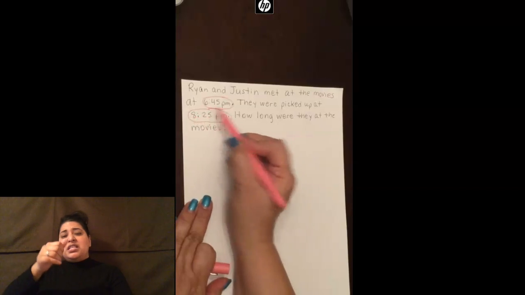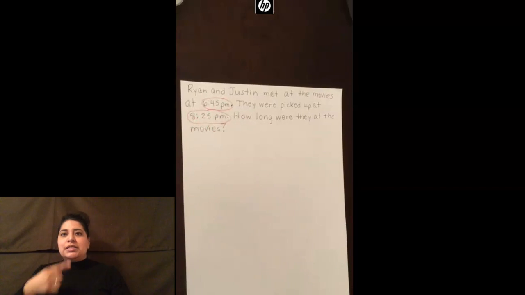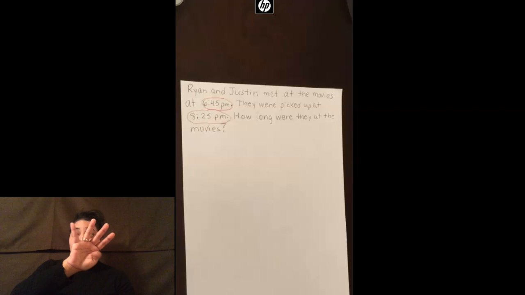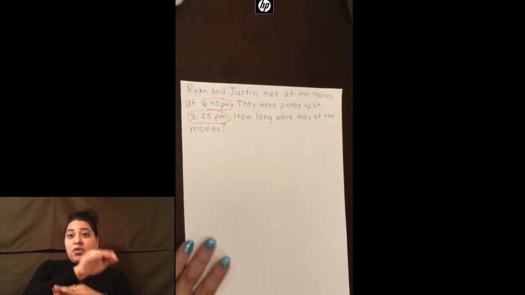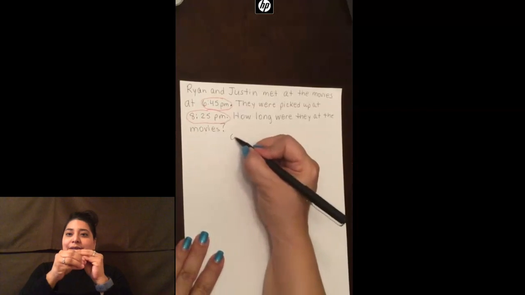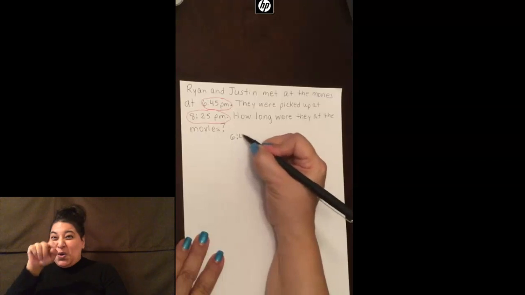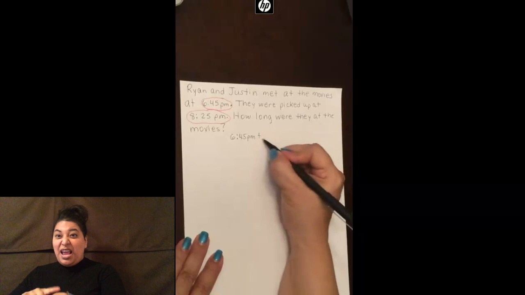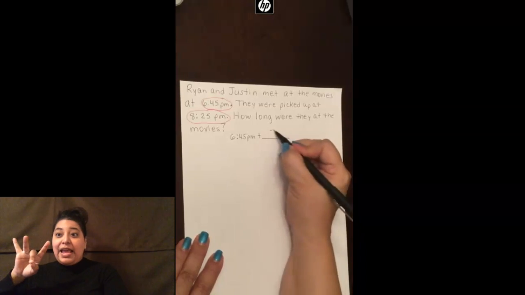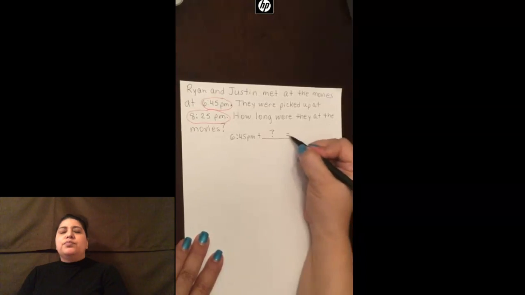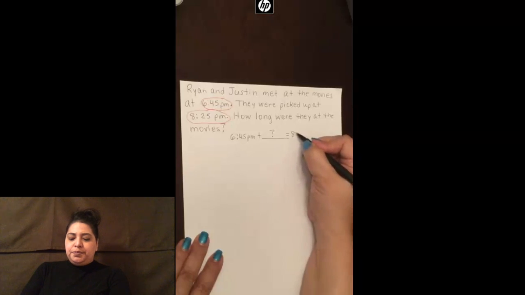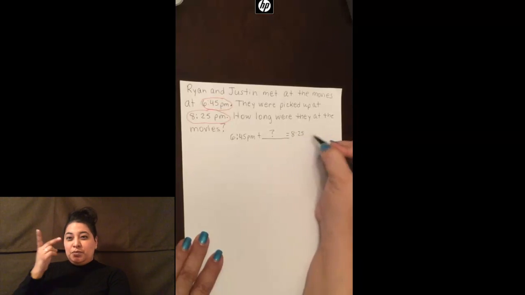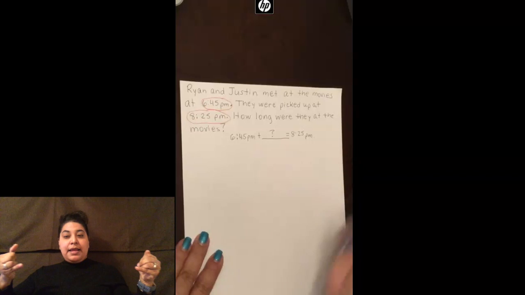And we've also been given our end time at 8:25. So we can set up our situation equation that says 6:45 p.m. plus some amount of time equals our end time of 8:25 p.m.